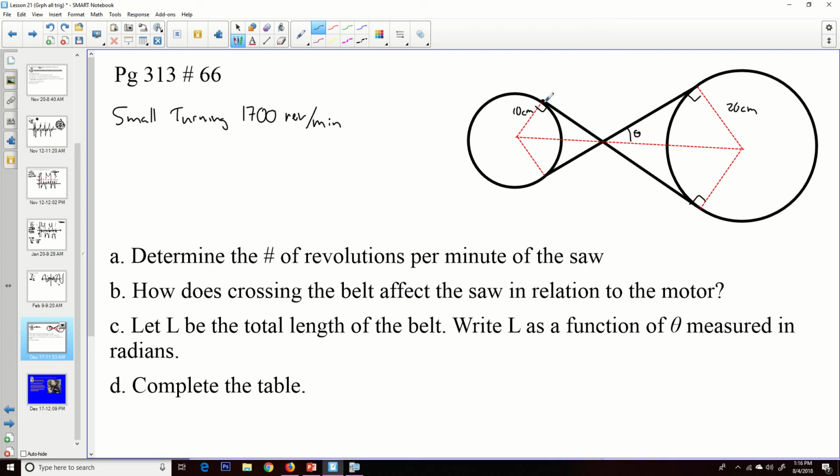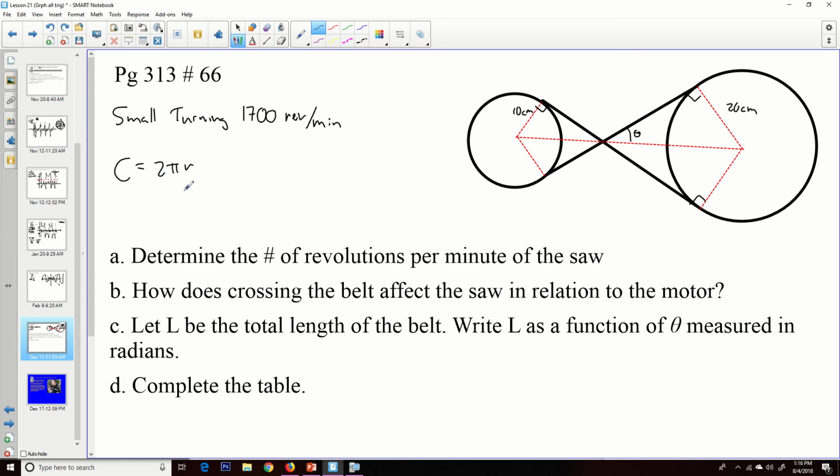So for every one that this turns, we want to figure out how far that turns. If the radius is 10 centimeters, the circumference would be 2 pi times r.